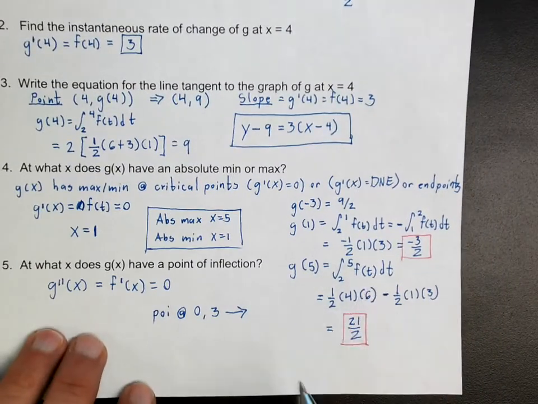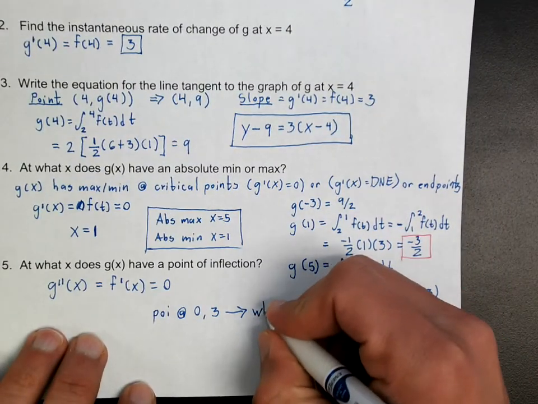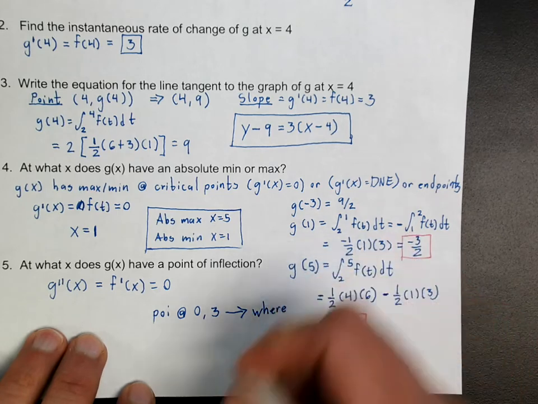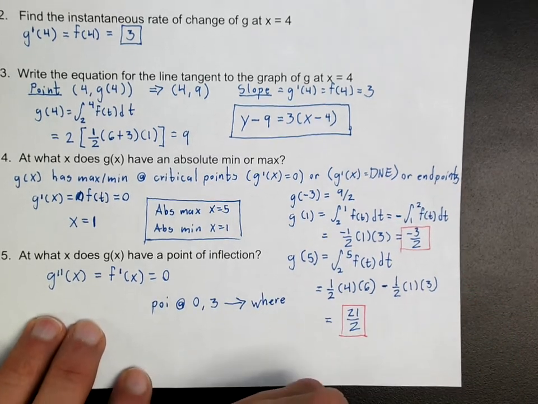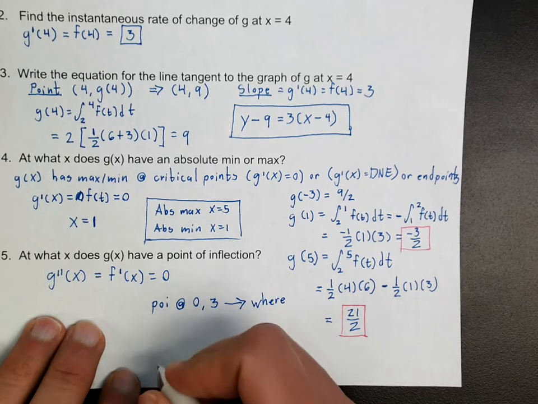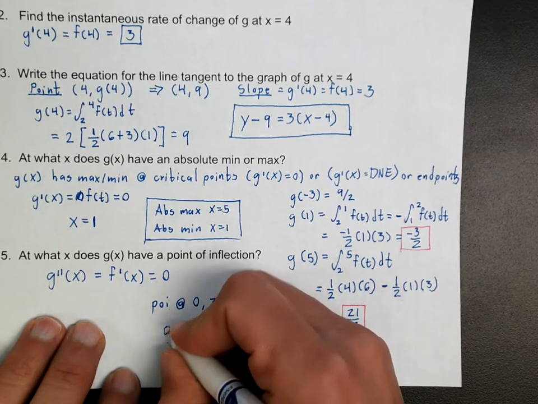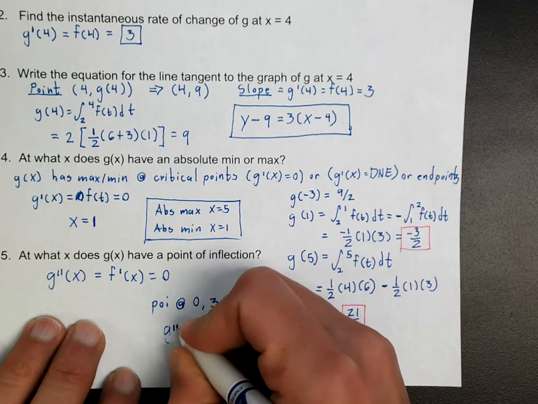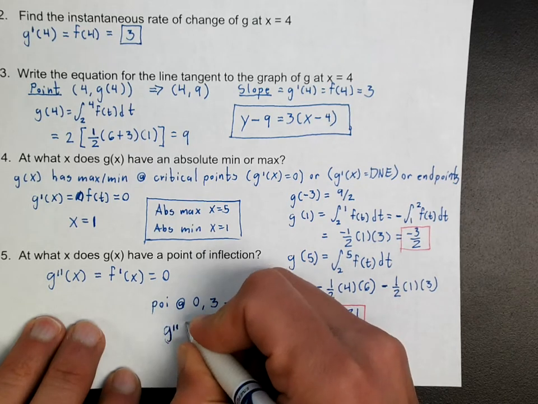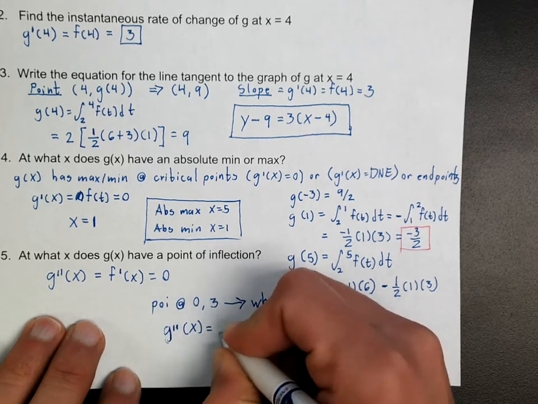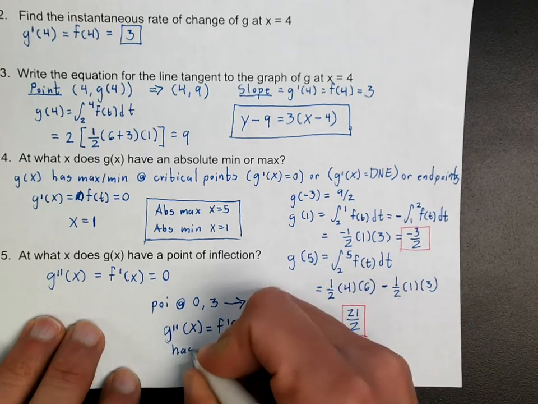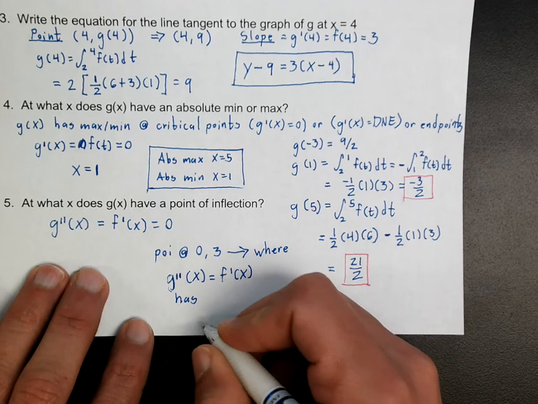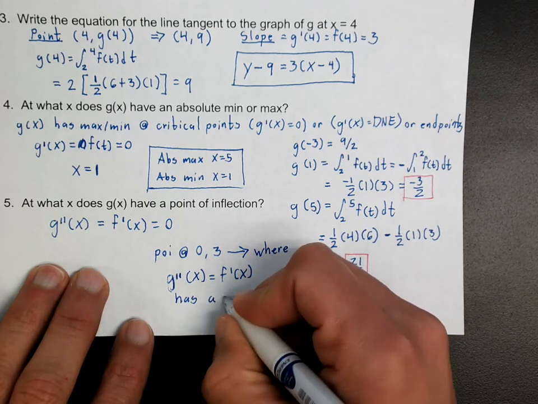But I'm going to pretend like it is kind of curved at the top, like at the very top it's a little bit curved, and we have a sign change where the second derivative, or f prime of x, has a sign change.